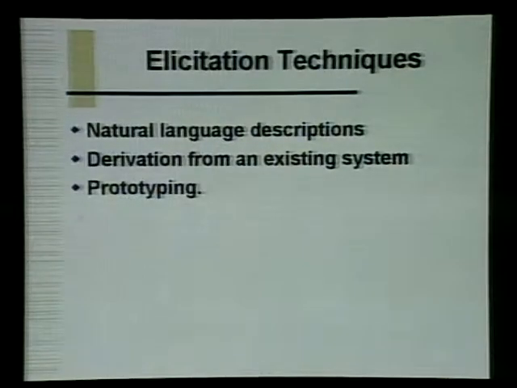And another important technique to gather requirements is prototyping. Prototyping generally starts with a set of initial requirements. You construct a working system very quickly on an experimental basis. You show it to the end users and get their feedback.